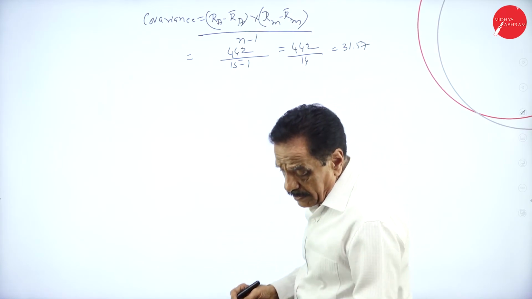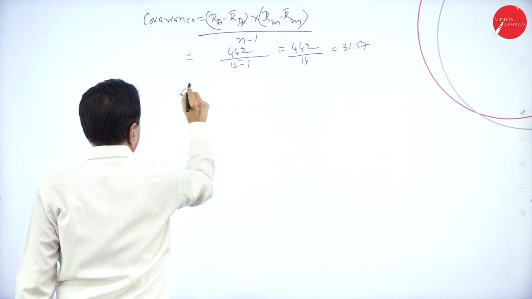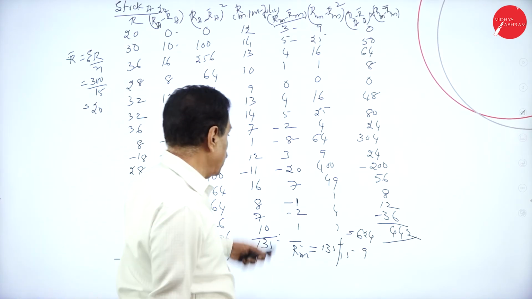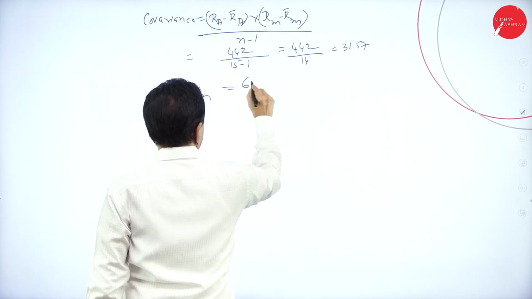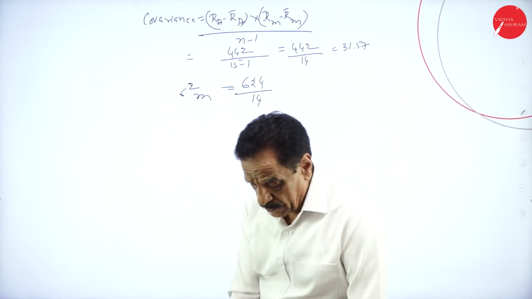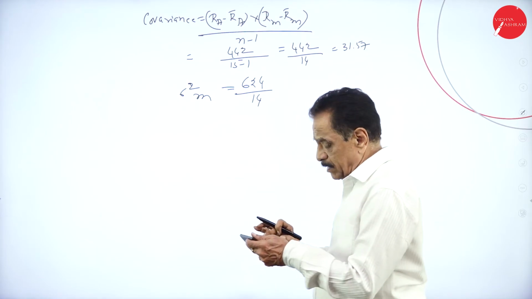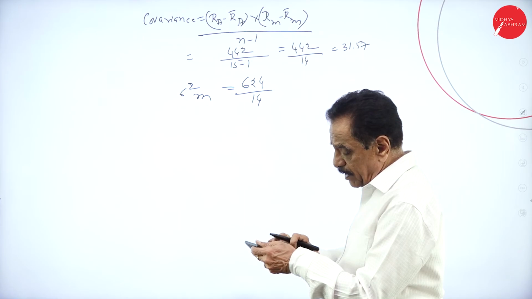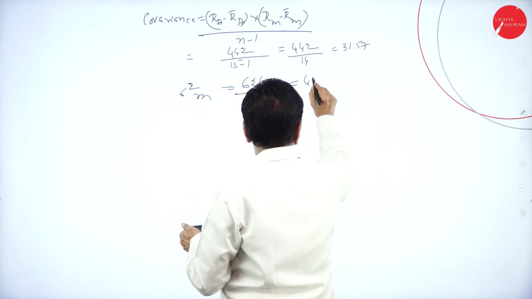This is the covariance. Market square, RM minus R mean M squared, is 624 divided by 14, which is 44.57.